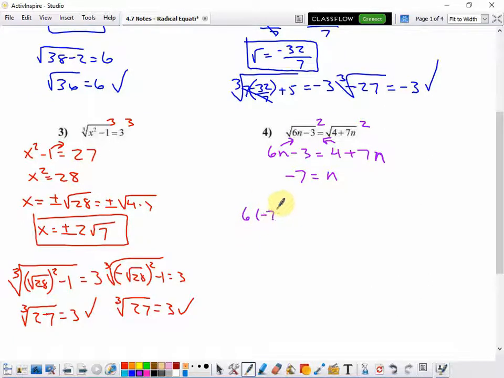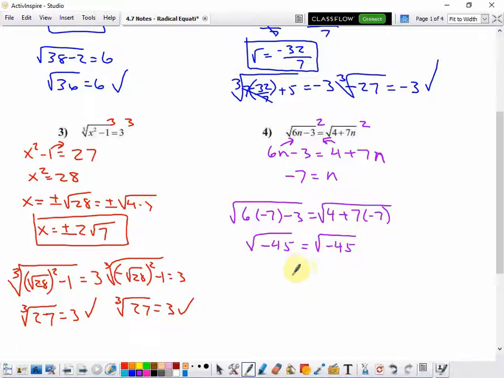6 times negative 7 minus 3 square root equals 4 plus 7 times negative 7 square root. So I've got negative 42 minus 3, that's negative 45. And I've got negative 49 plus 4, that's negative 45.